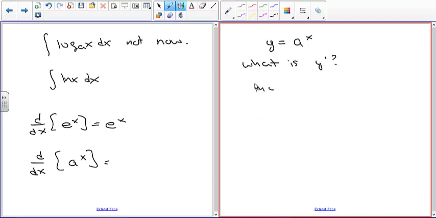So you take the natural log of both sides. Use the properties of logarithms to simplify. We did that earlier when we derived what the derivative of e to the x was. Then you take the derivative with respect to x of every term.